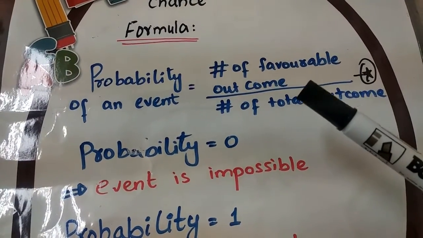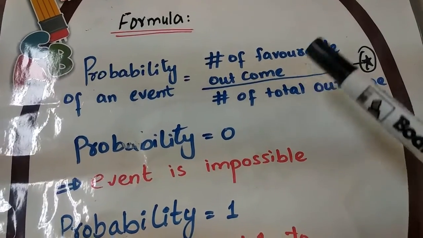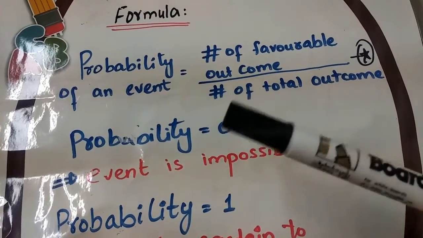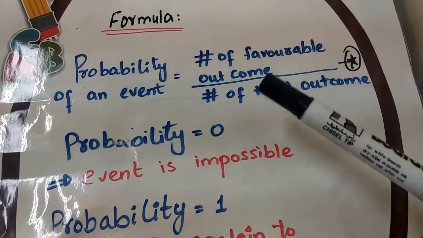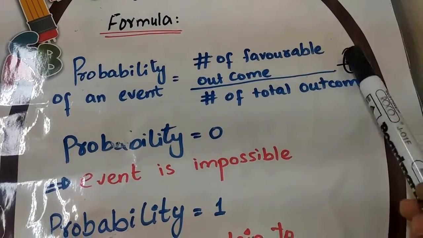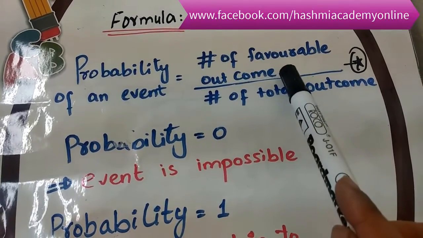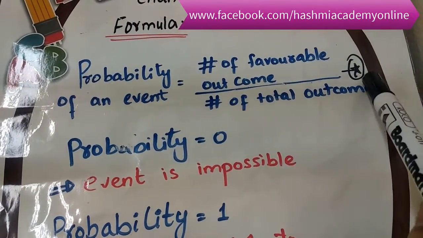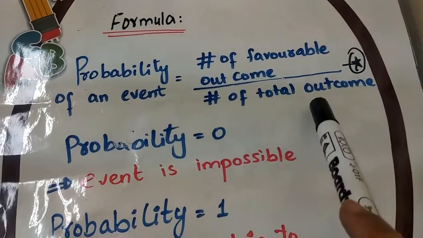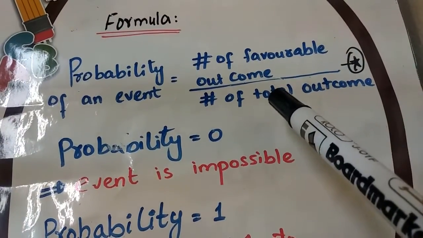In the case of a coin, if somebody asks you to find the probability of getting the head in tossing a coin one time, head is the favorable outcome. So we write the favorable outcomes over here, and you have to divide this number by the number of total outcomes, that is, the total chances, total events that can occur.